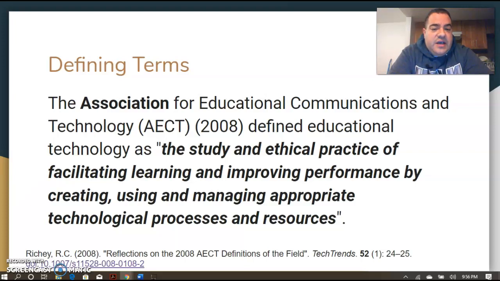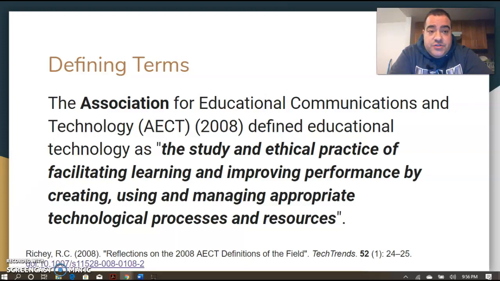I want to highlight the managing appropriate technological processes, because one of the things that I will repeat over and over again in this course is that educational technology should always be used in the context of supporting learning and not the other way around.